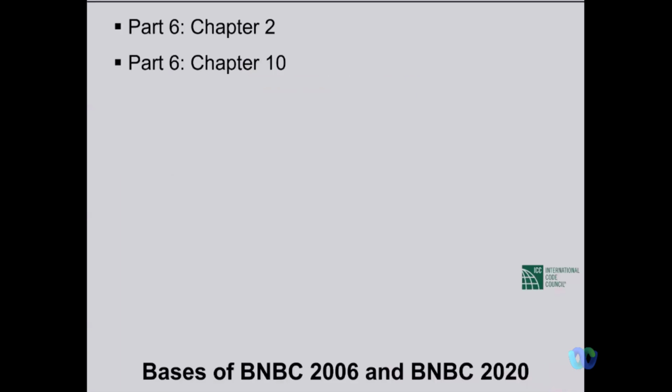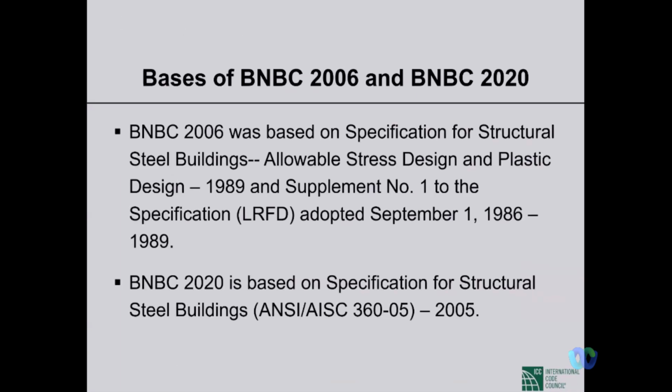So, as I've mentioned, in BNBC 2006, steel structure design was there in chapter 10 of part 6, but at that time the chapter was based on the AISC specification on structural steel buildings, allowable stress design and plastic design 1989, and supplement number 1 to the specification, which was the LRFD part of the design manual.